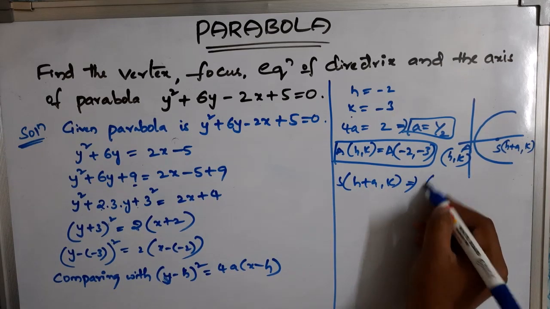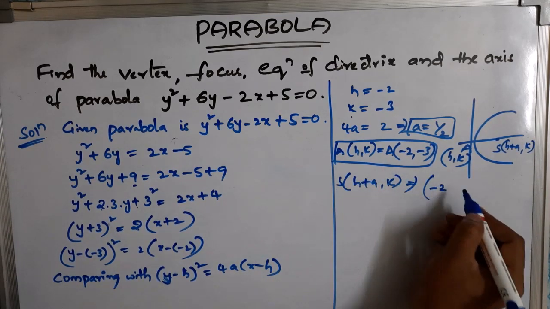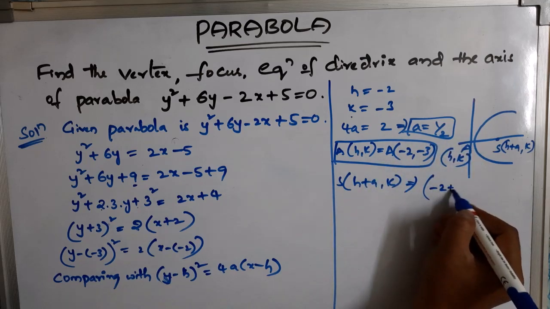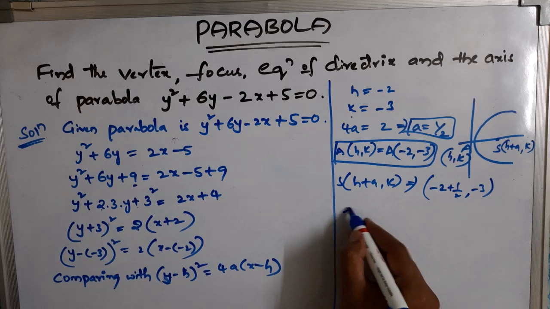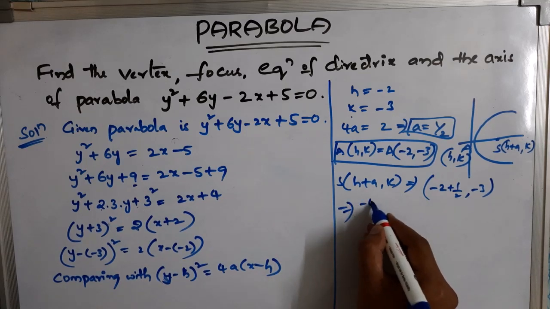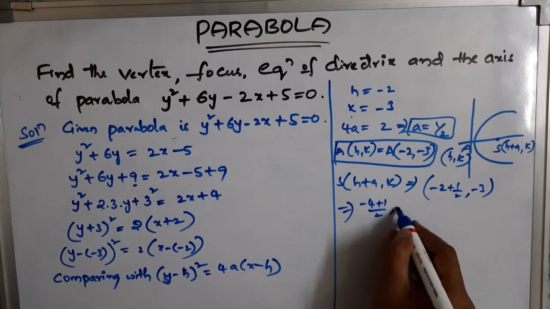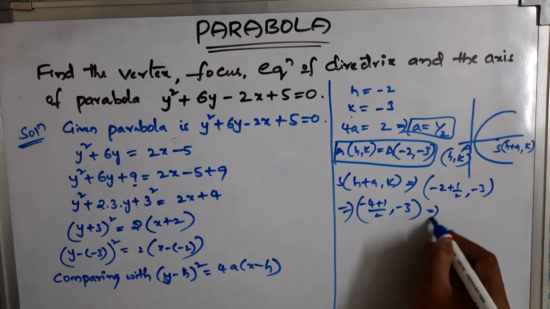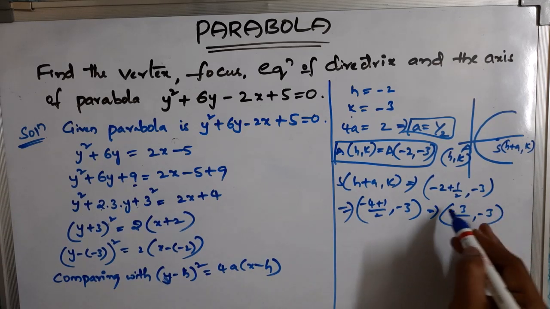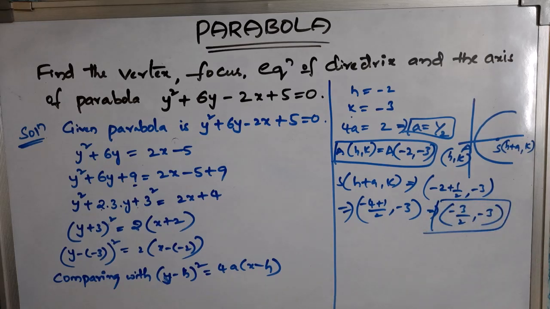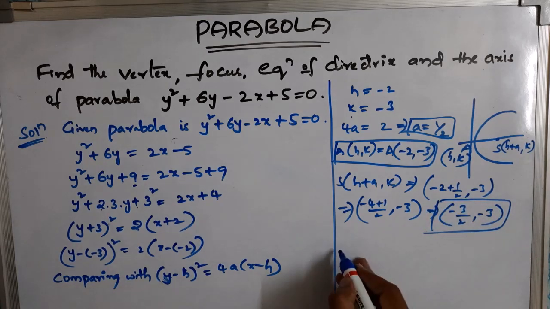So what is the value of h? Minus 2 plus 1 by 2 comma k is minus 3. So minus 4 plus 1 by 2 comma minus 3, that is minus 3 by 2 comma minus 3. This is the focus.